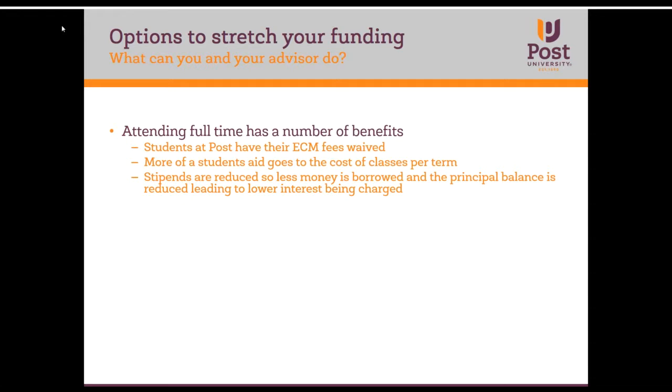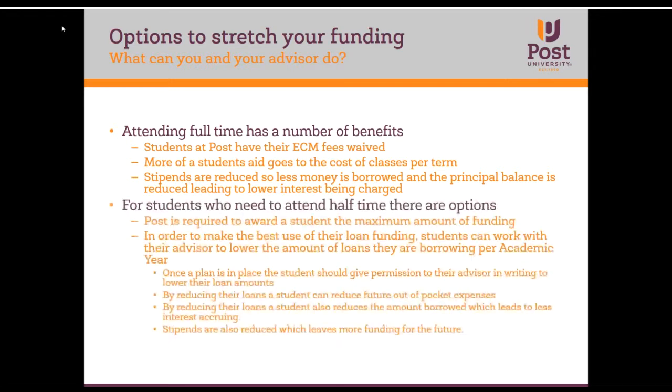So I promised all along, what are the options here? Students who need half-time, there are options. We're required by the Department of Ed to give you the maximum amount of loans. That does not mean that you have to take them. So I recommend talking to your financial aid advisor. Work with them to lower your loan funding.